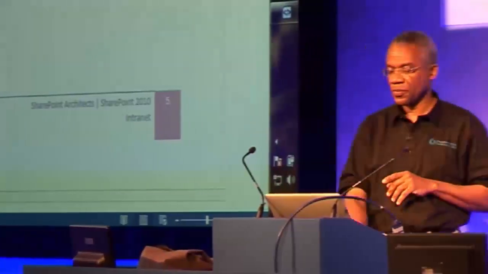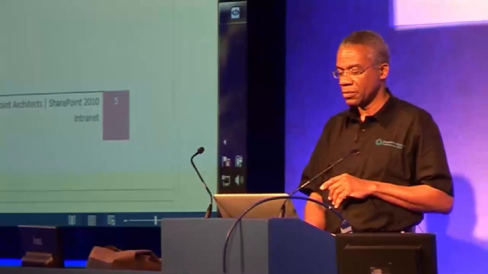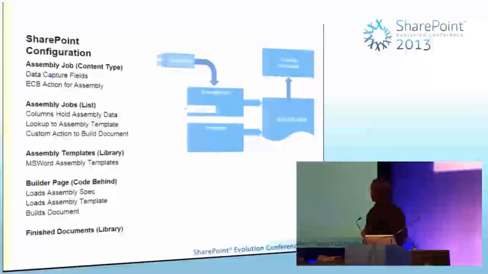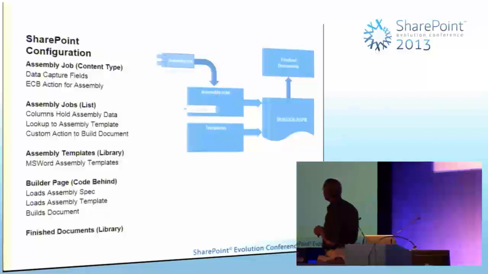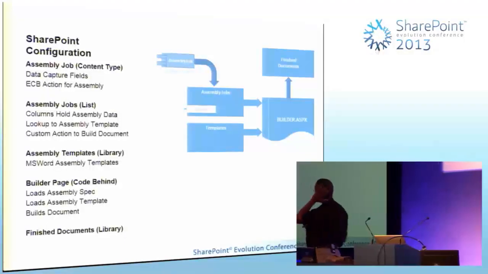So let me just wrap it up by going back to the slide deck. As you're thinking about building this stuff in SharePoint, I wanted to throw out this model. Let's say you wanted to do this.